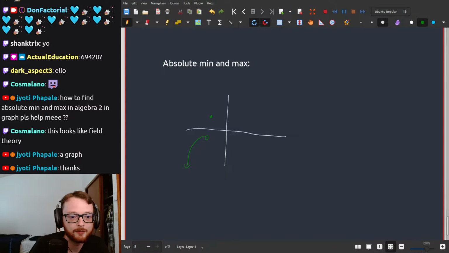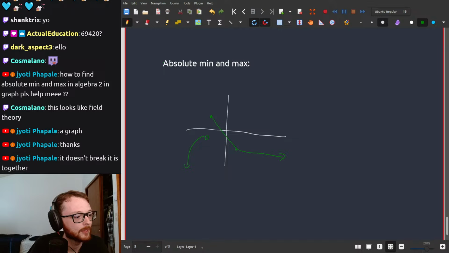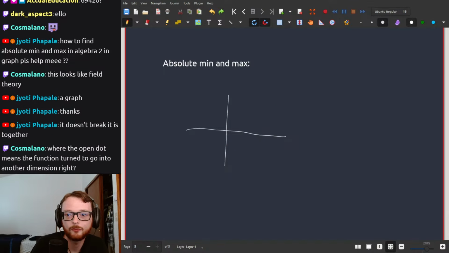Then maybe we have a linear function in this piece. Actually, I want to make it slightly different. And then maybe it just flattens out in this piece here. It doesn't break. Okay, then let me change that. I think a parabola is maybe a good example to start with. Just like that. I should actually put some scaling on these axes.